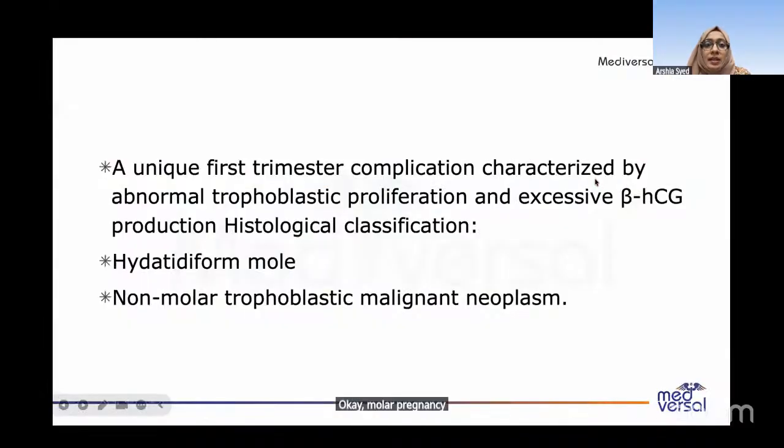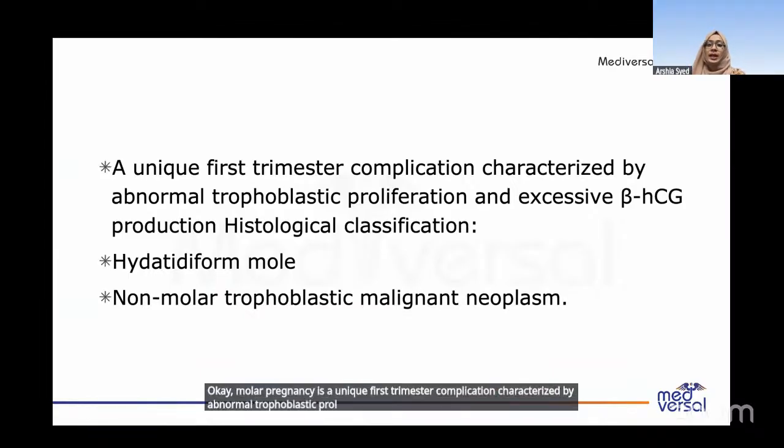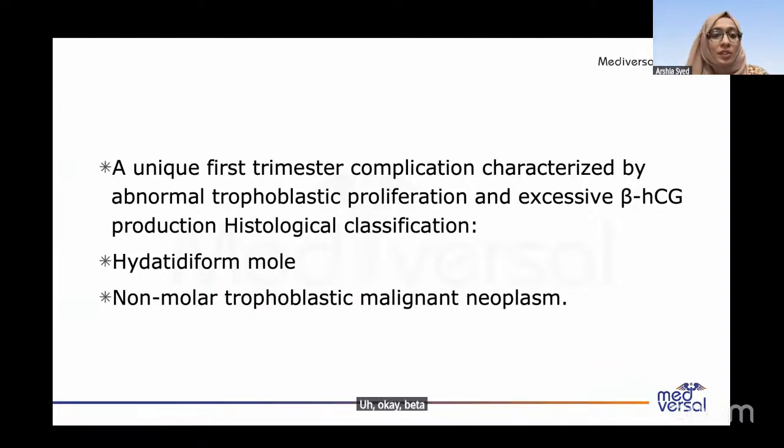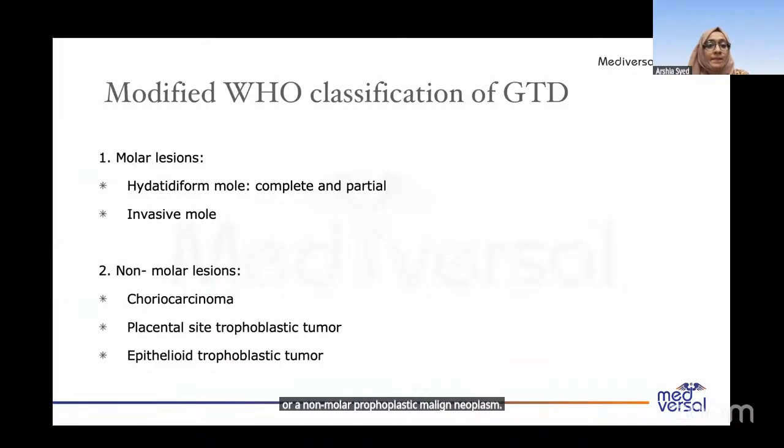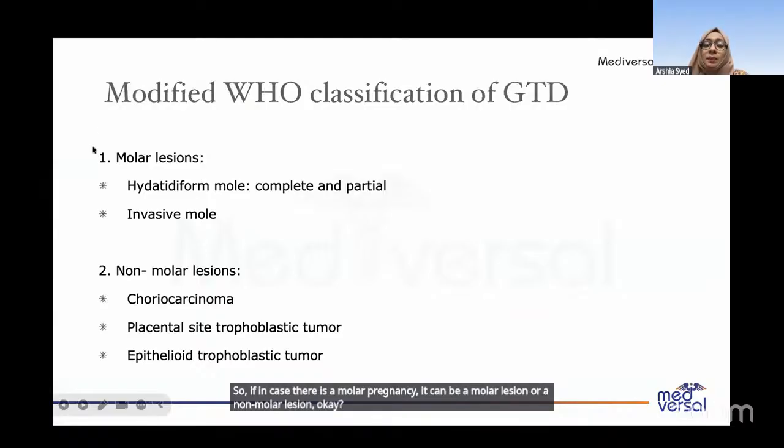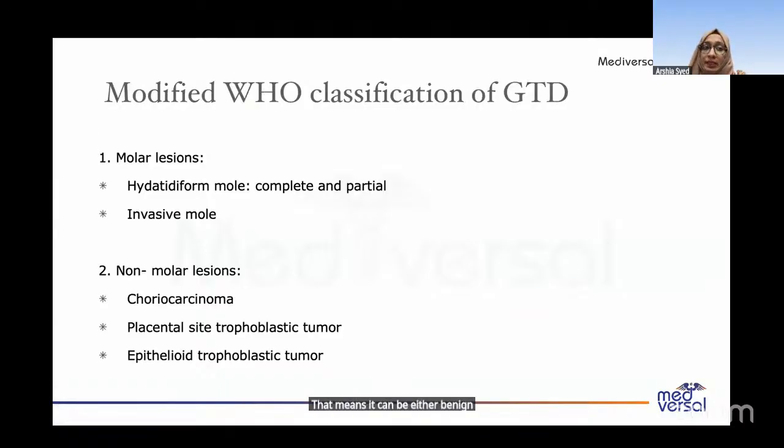Molar pregnancy is a unique first trimester complication characterized by abnormal trophoblastic proliferation and excessive beta HCG production. It can be a molar lesion or a non-molar lesion. That means it can be either benign or malignant. That's what this is trying to explain.